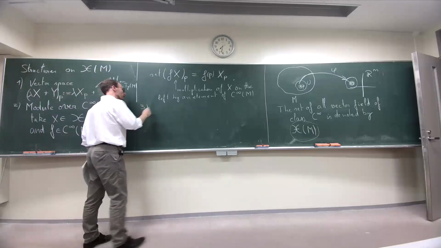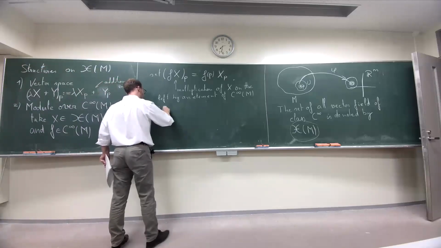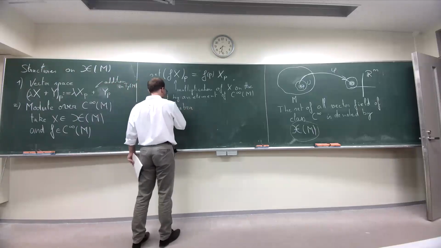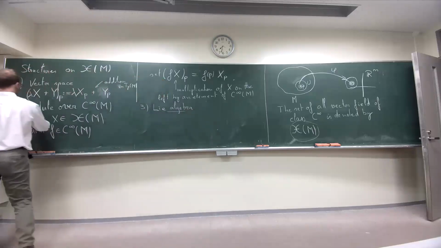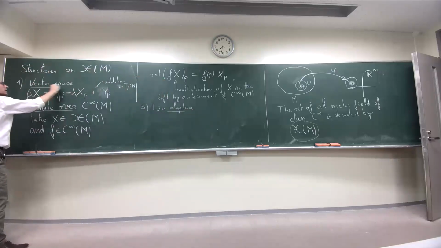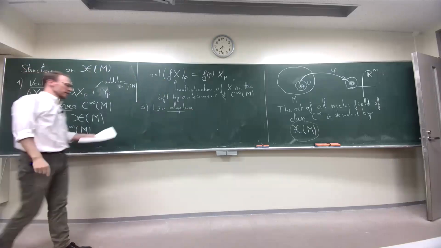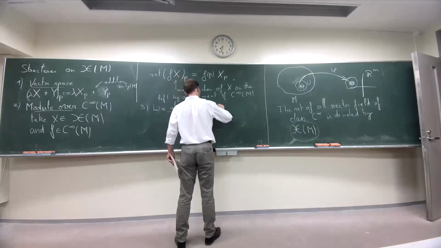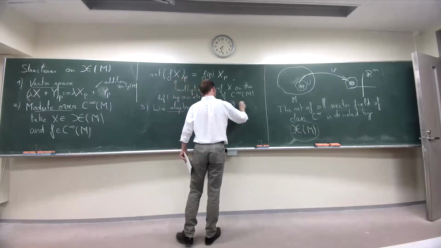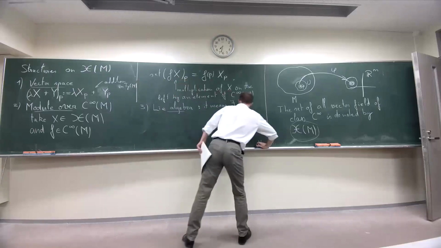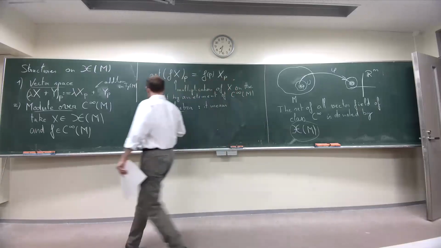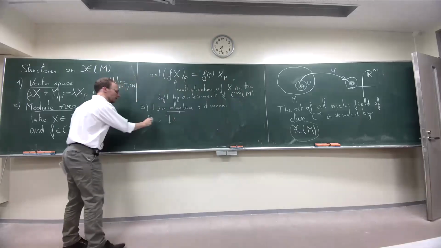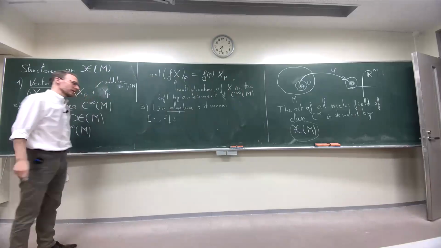And the third one is a Lie algebra. I already mentioned this in another course of a group. It's a vector space, a module, and it's a Lie algebra. So what does it mean? It means, and then I will define it, there exists a map, and we denote it by this bracket.